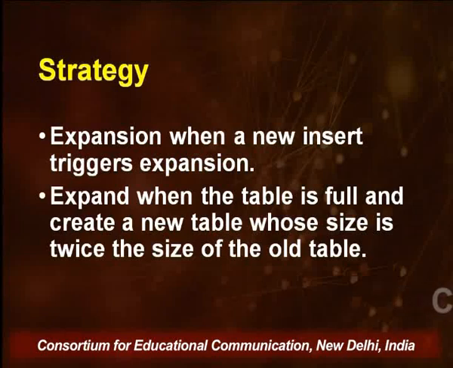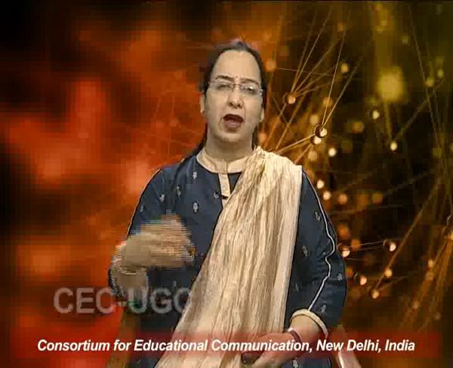For this expansion, we create a new table whose size is twice the size of the old table, copy all the elements from the old table into the new table, and then insert the element for which we triggered the insertion operation. So the strategy for expansion is this: when the table is full, we expand the table.